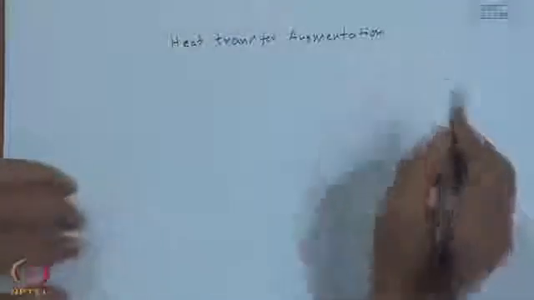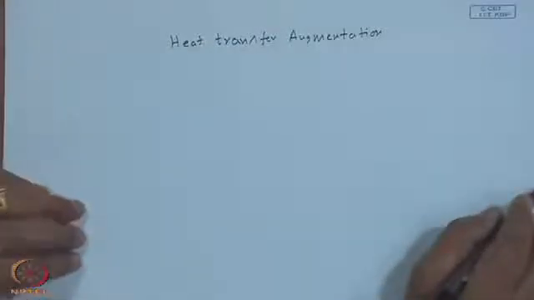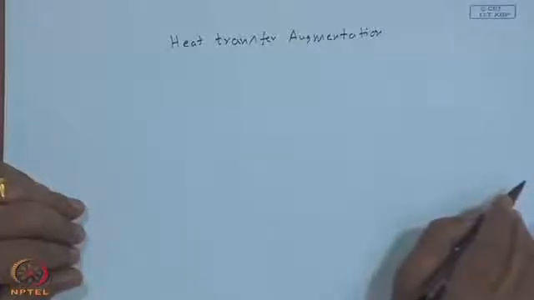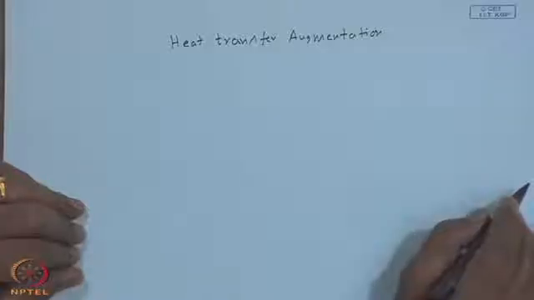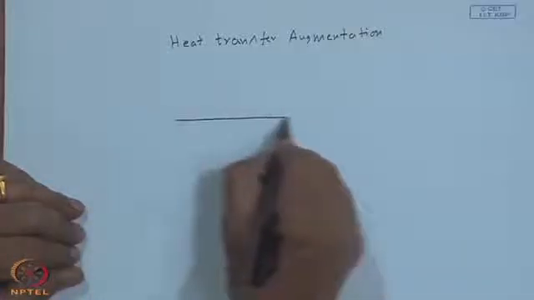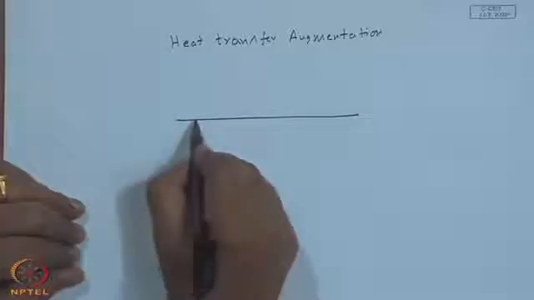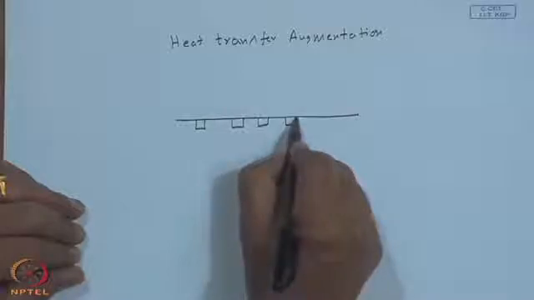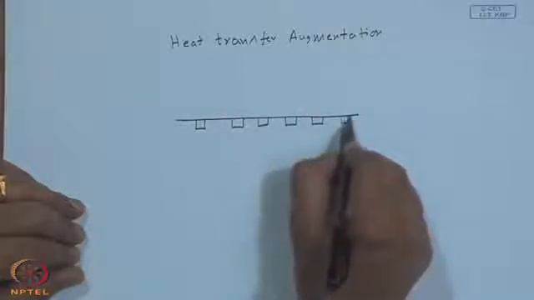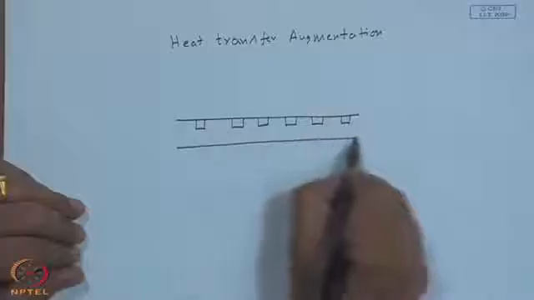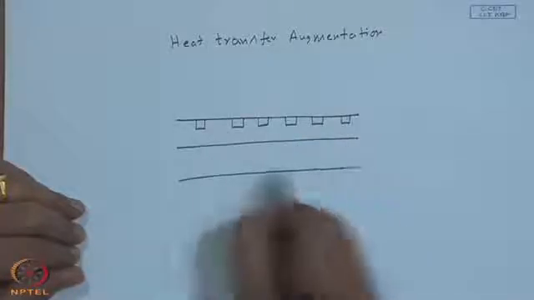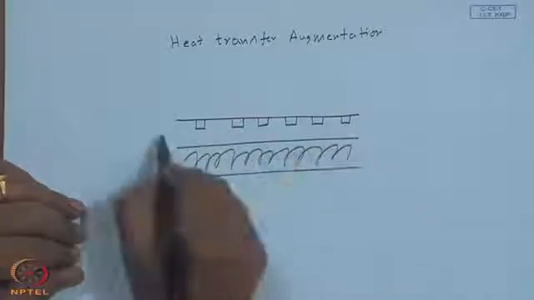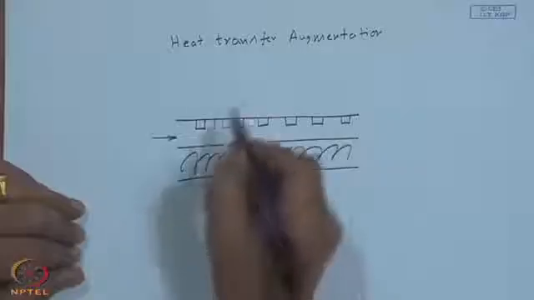I was mentioning in one of the previous classes that in general the heat transfer coefficient for air is poorer compared to that for liquids, and here you have an absorber plate with some protrusions, and a bottom plate and insulation, and flow in this direction, let us say.